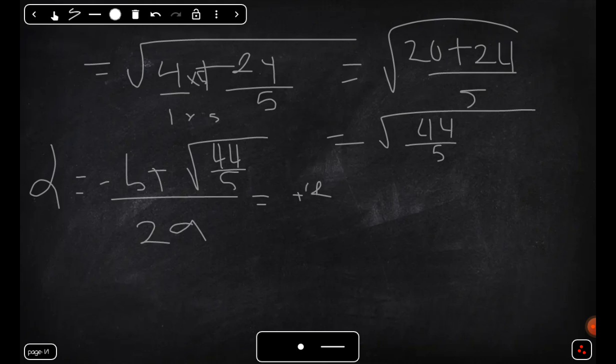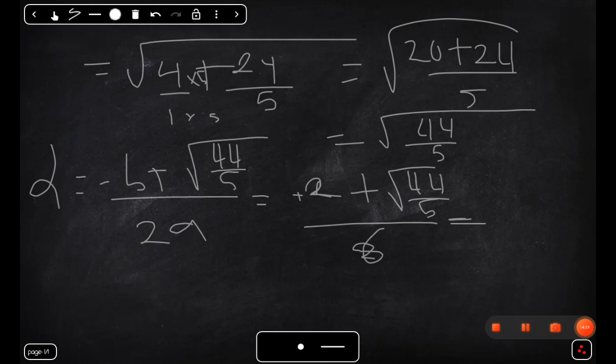So 2 plus the root of 44 over 5, over 2 times our a, which is 3, so 3 times 2 is 6. If we break it down, we end up with an irrational number, right? It will end up in roots, so it will be irrational.